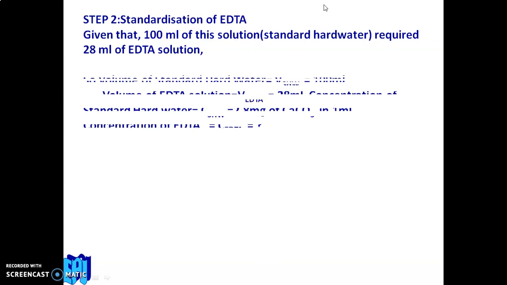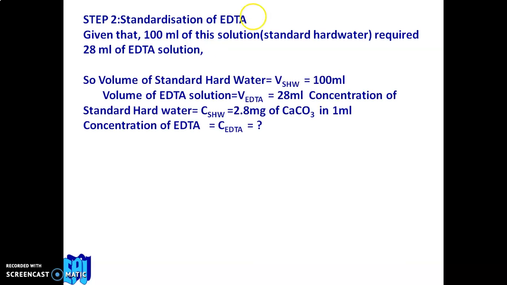By cracking this sentence, we got this information: volume of standard hard water is 100 ml, volume of EDTA used is 28. And we also know the concentration of standard hard water, that is 2.8 milligram of calcium carbonate in 1 ml.